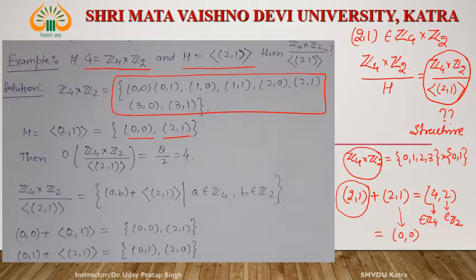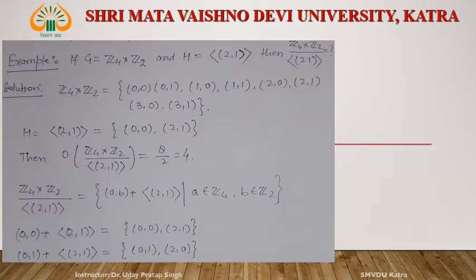Then what is the order of this factor group? Since we know that the order of G by H is equal to the order of G divided by the order of H. Then what is the order of G?